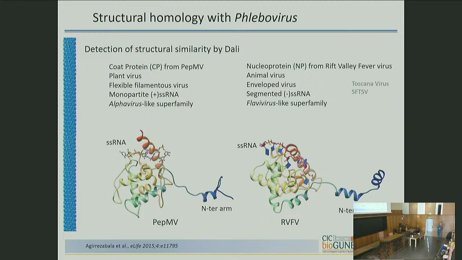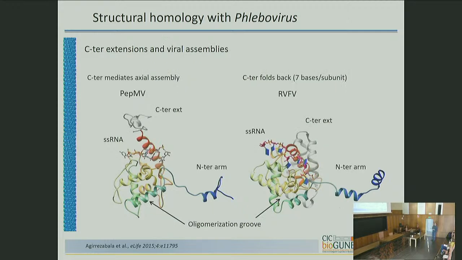So, what are the implications here in terms of building up a nucleoprotein complex? The different parts are in gray here. In Bunyavirus, the C-terminal part falls around the main domain and extends the RNA binding inside by 2 nucleotides.